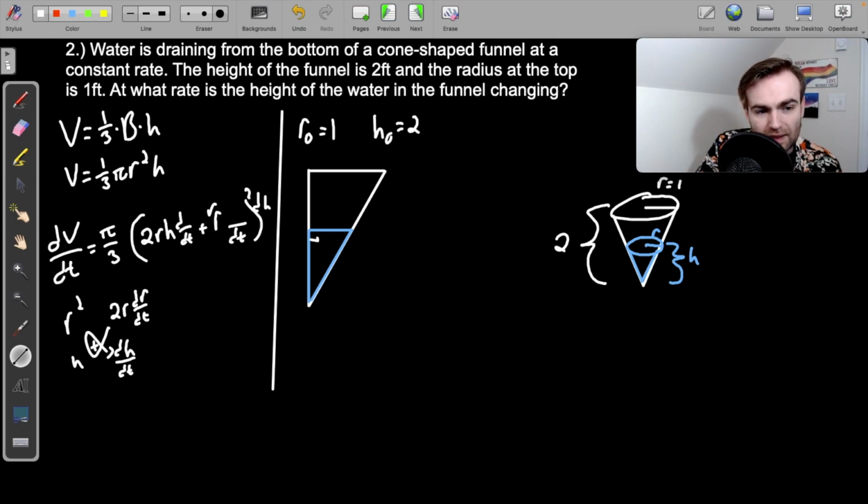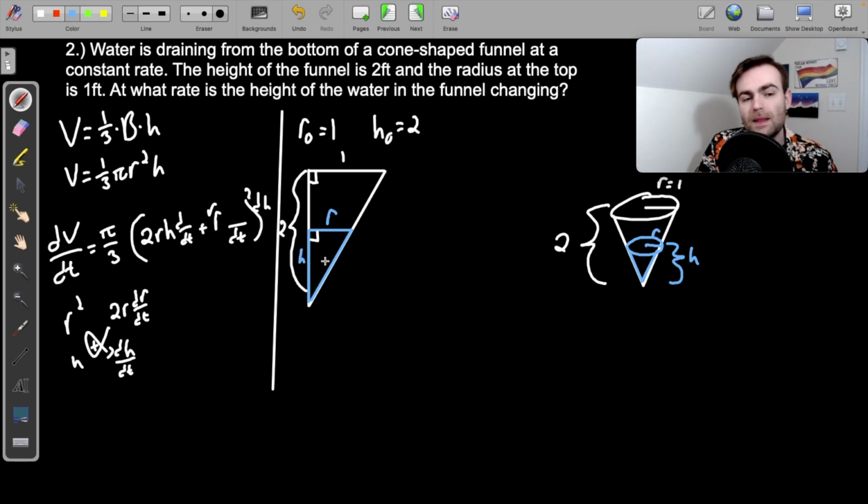We'd have a little right angle there, a little right angle there. So we know that this radius is 1, the height is 2, but we don't know what this is, and we don't know what this is. But we can set up a proportional relationship with this.